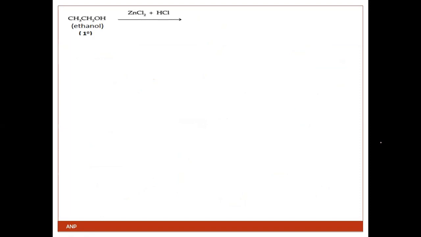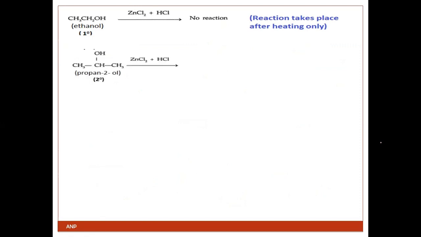Here CH3CH2OH, that is ethanol, an example of primary alcohol, reacts with zinc chloride and HCl, that is Lucas reagent. No reaction, because the reaction takes place after heating only. Secondary alcohol, for example propan-2-ol, reacts with Lucas reagent, zinc chloride and HCl, and gives 2-chloropropane, and the reaction takes place within 3 to 5 minutes.